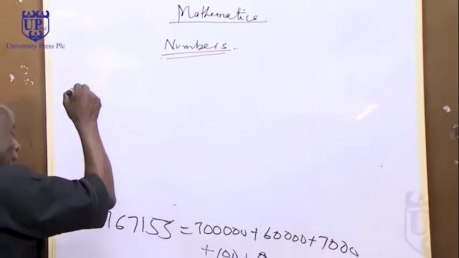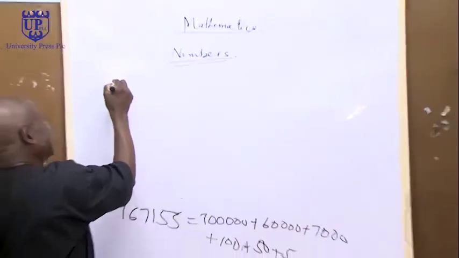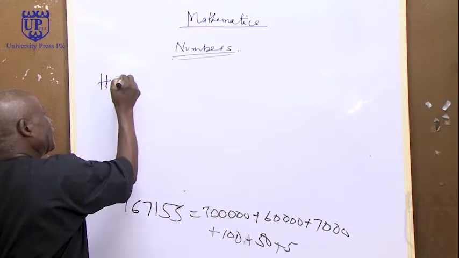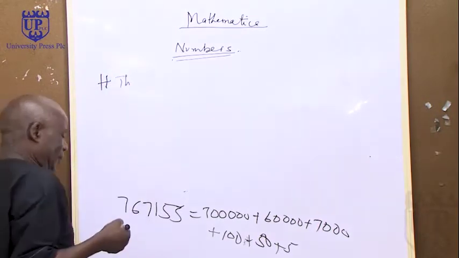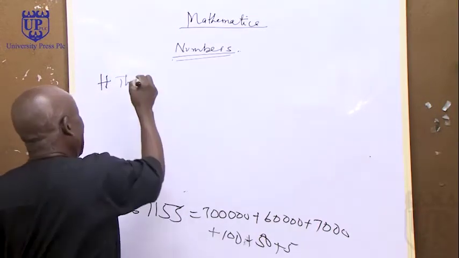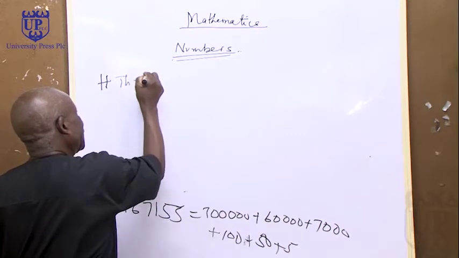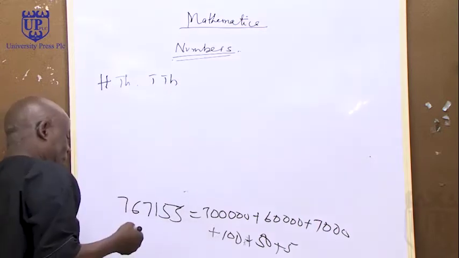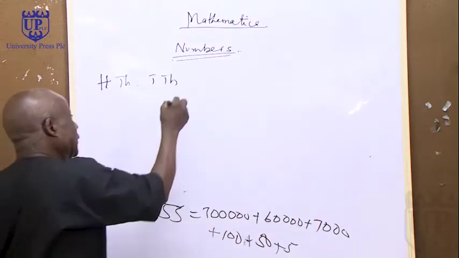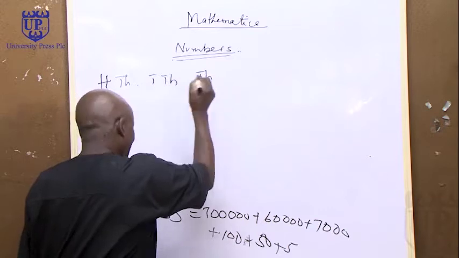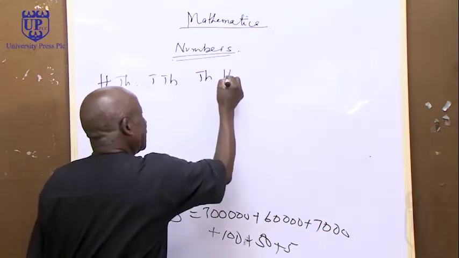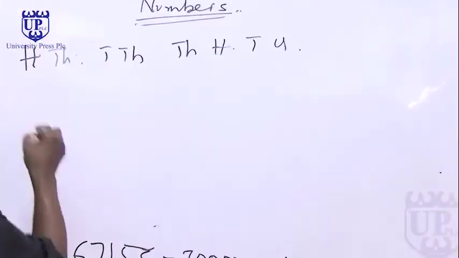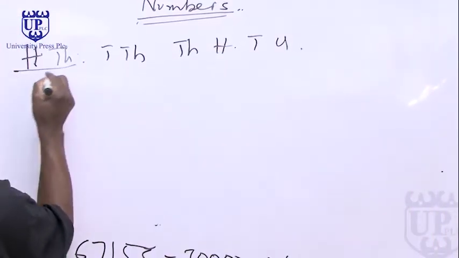Now 700,000, I say hundreds of thousands, tens of thousands, thousands, hundreds, tens, units. Then 700,000, hundreds of thousands, we have 7 under it.